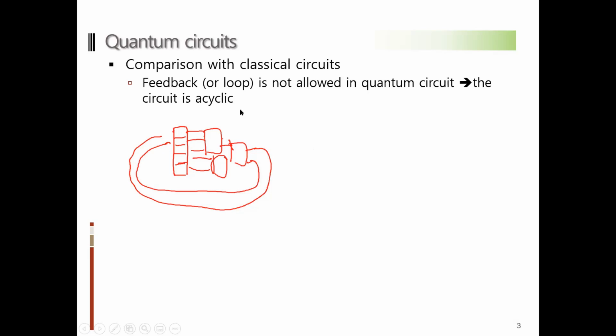However, if you want to implement a similar function, we can use the concept which we generally use in computer architecture.